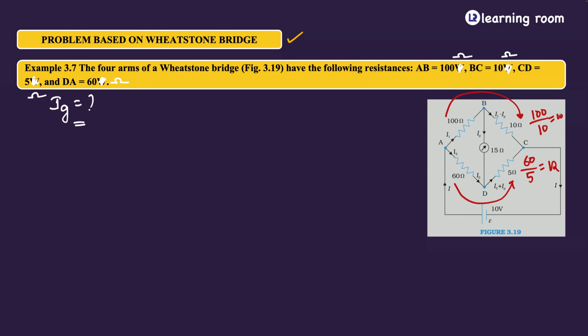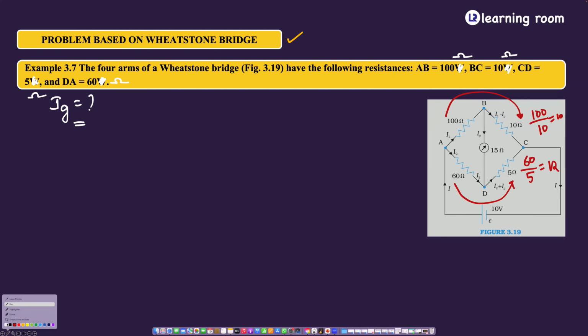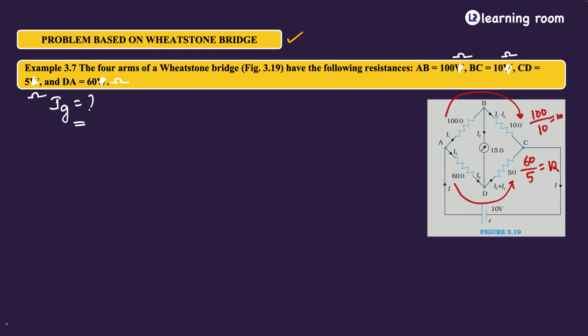So all that we need to do is apply Kirchhoff's law to solve this problem. So how to do that? Observe. If I take the loop ABDA, then when I go from A to B, I get minus 100 I1.